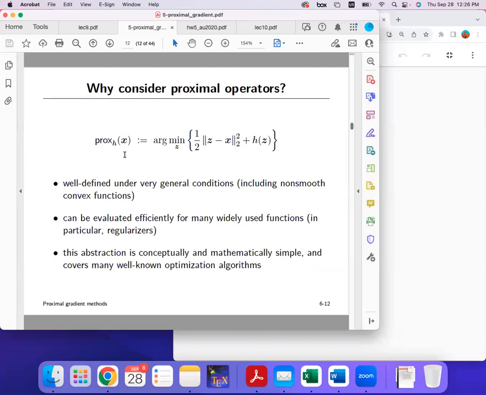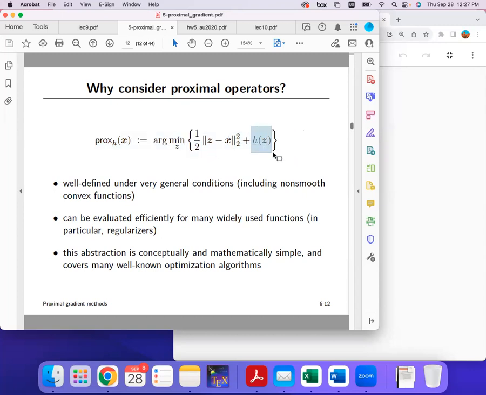Okay, so last time we talked about the proximal operators. So let's review the definition of the proximal mapping.